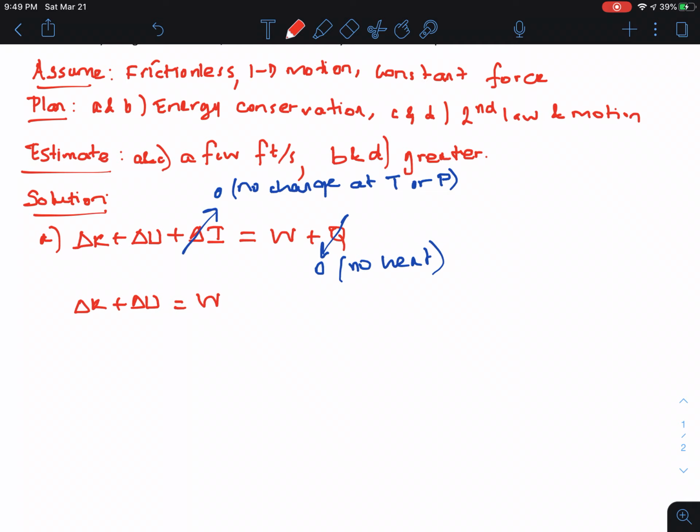Now it's time to look into the work done more carefully. To be able to do that, we need to think about our free body diagram again. So I'm going to draw the free body diagram on the side. We have the object going down the incline like this, and we have the applied force, something like this.